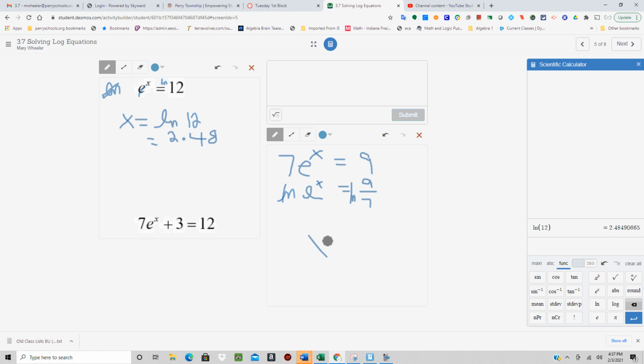And I get x equals natural log 9 over 7. So natural log 9 divided by 7, 0.25, 0.2513 if they wanted to go out a little bit further.